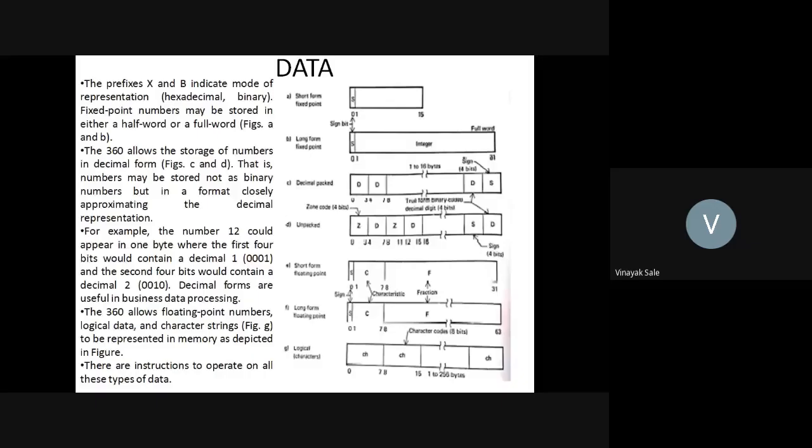So the prefix x and b indicates the mode of representation, that is binary or hexadecimal. Fixed point numbers may be stored either in half word or full word. See in figure A. Figure A is data stored in half word. Figure B indicates data stored in full word.